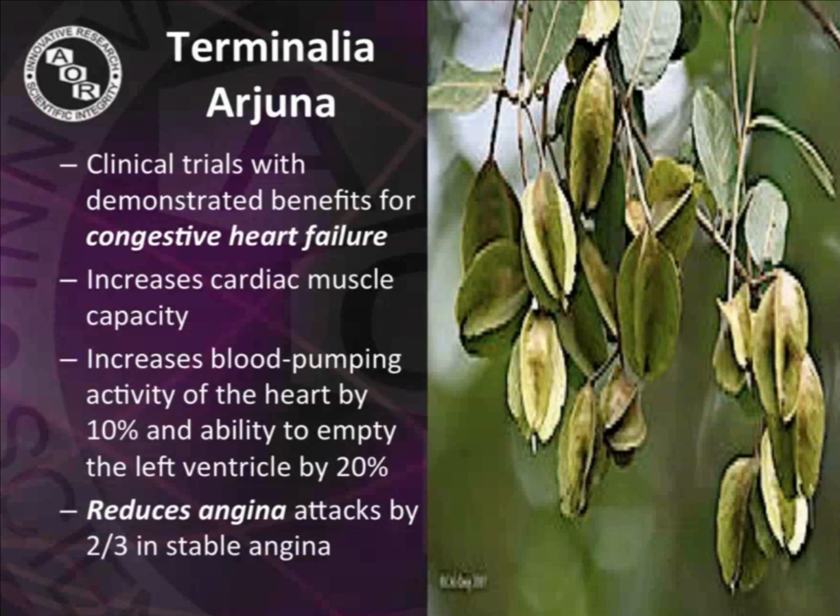Terminalia was also able to reduce angina attacks by 2/3 in people with something called stable angina. In a recent open trial in about 20 patients with stable angina, they were taking Arjuna or something called isosorbide mononitrate, which is an angina drug that works very similar to nitroglycerin, for 12 weeks.